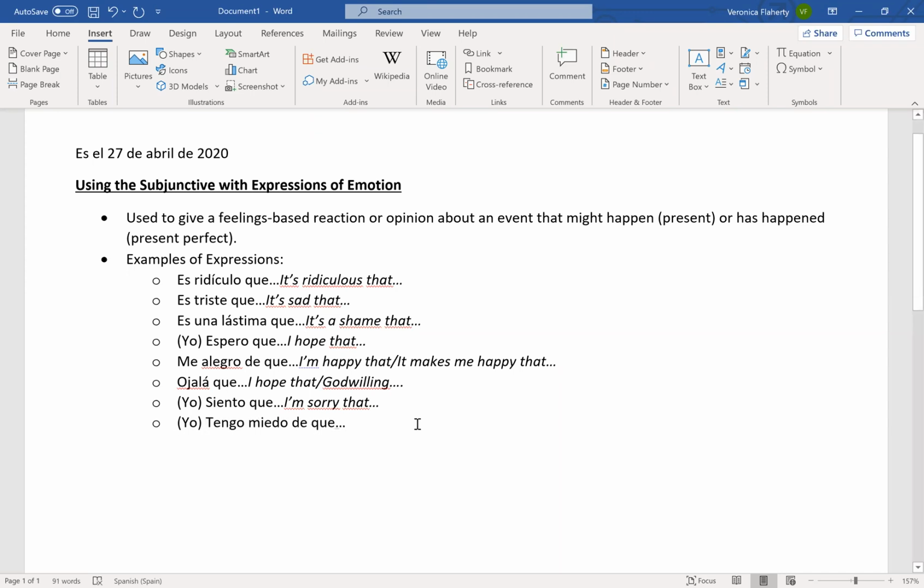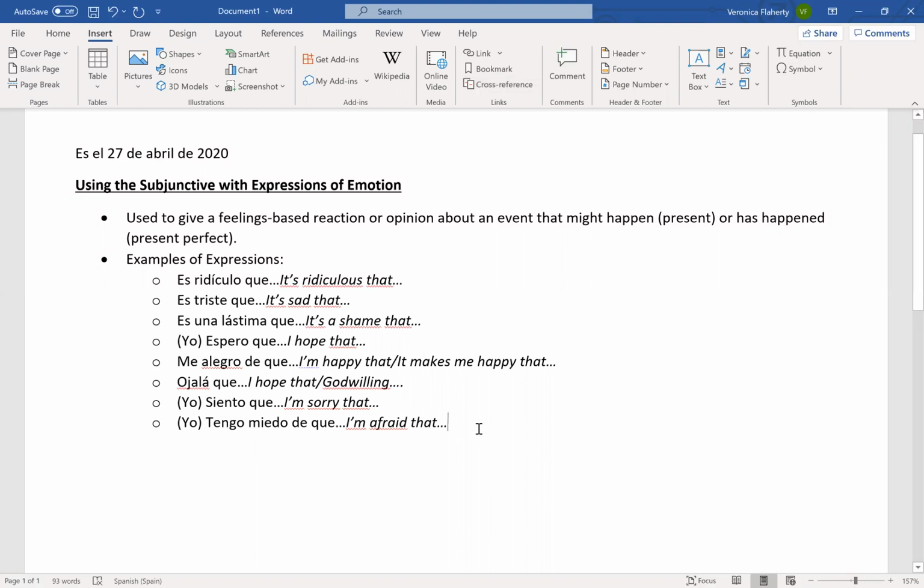Any thoughts on that one? I'm afraid that. So those are examples of expressions that would call for the subjunctive.